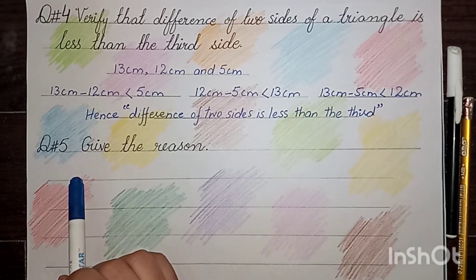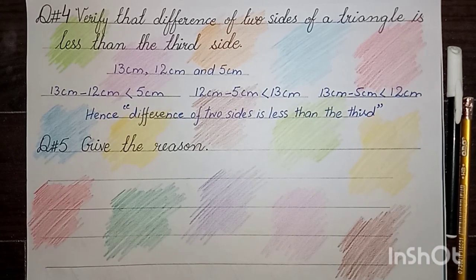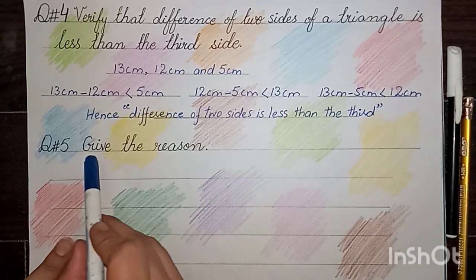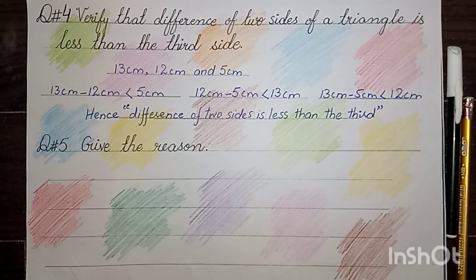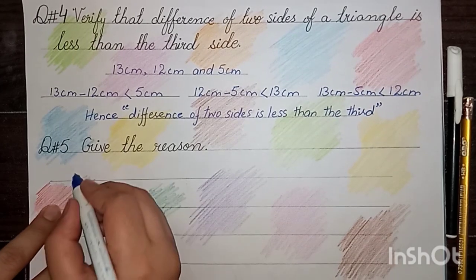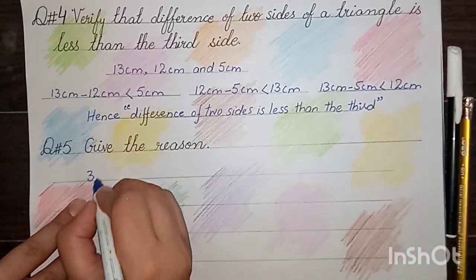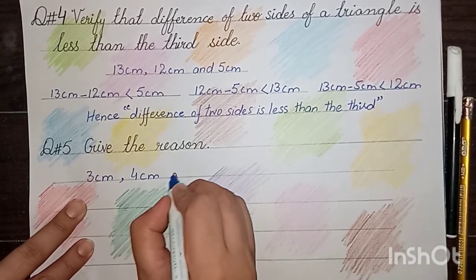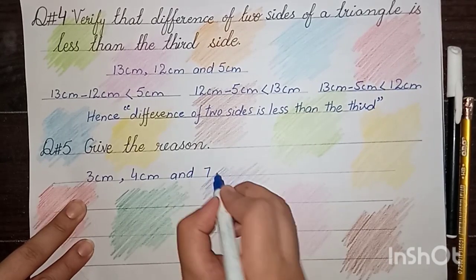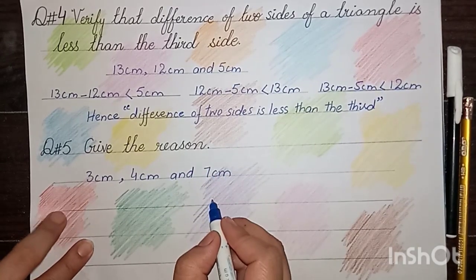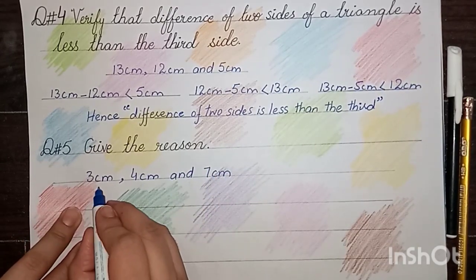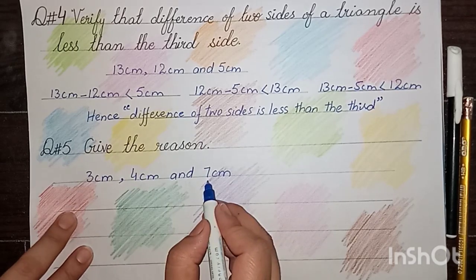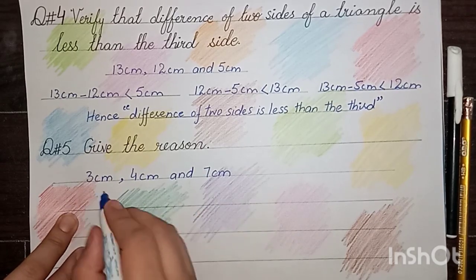Now question number 5. Question number 5 is: 3 centimeter, 4 centimeter and 7 centimeter are not the lengths of a triangle. So give the reason. First of all, we will write the given measurements, which are 3 centimeter, 4 centimeter and 7 centimeter. We also know that the sum of two sides must be greater than the third one.